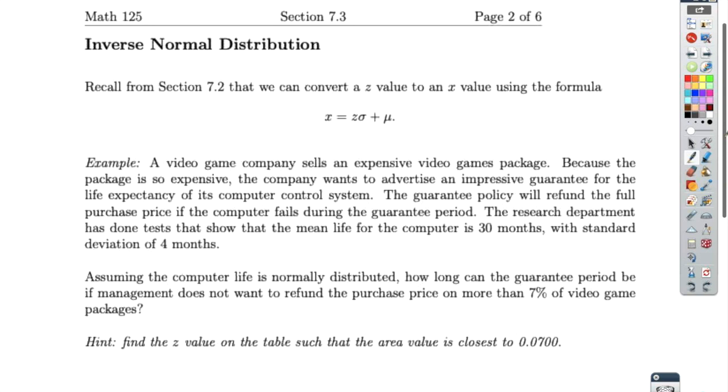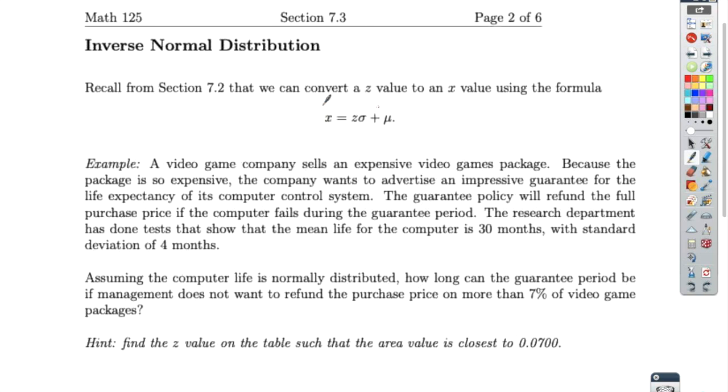So recall from the previous section that we rearranged that formula, just doing a little bit of algebra. For example, we multiplied both sides by sigma. That gave us z times sigma equals x minus mu.